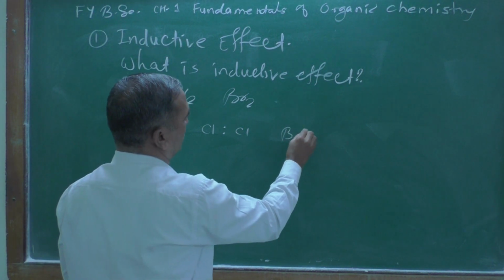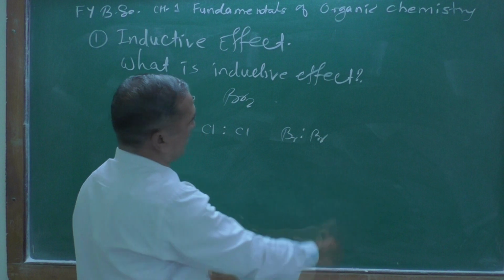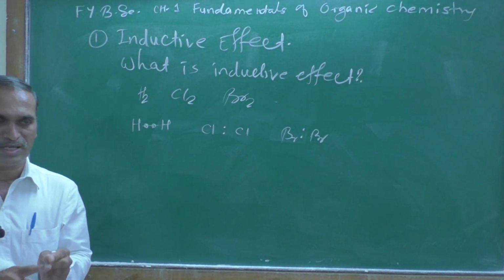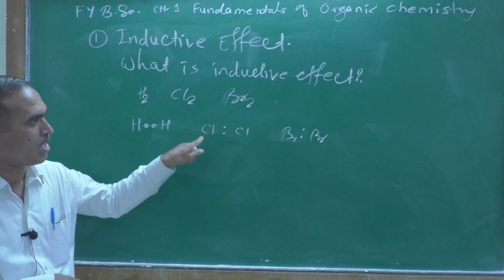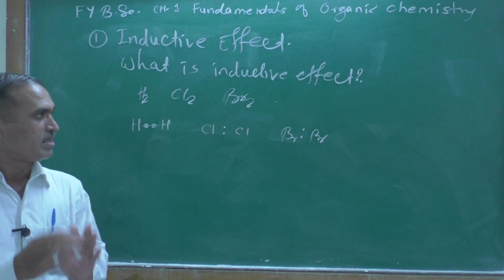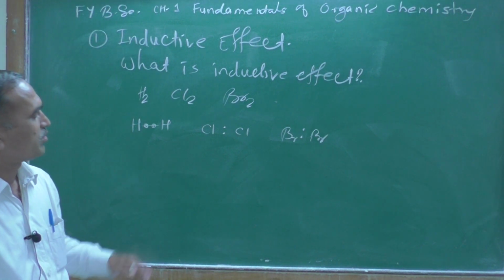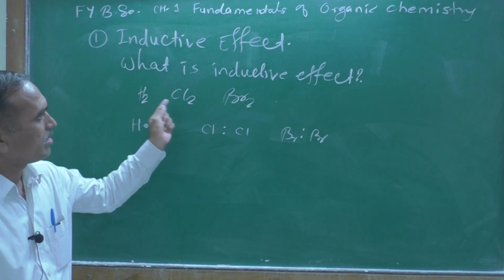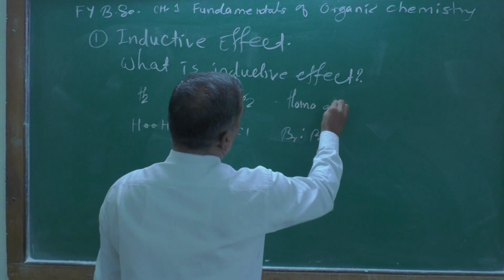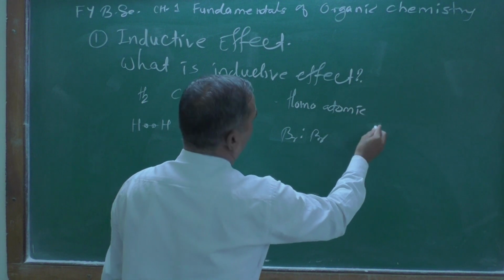Similarly for bromine, the electron density around this chlorine atom as well as around that chlorine atom is the same, and that is why they are known as homoatomic molecules.